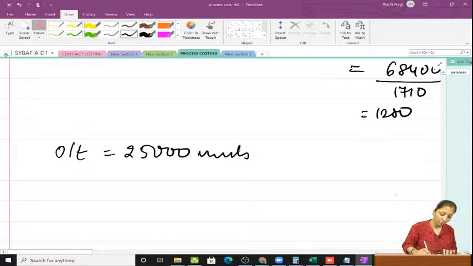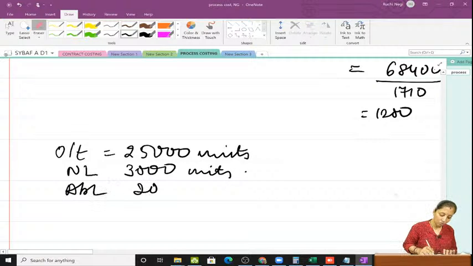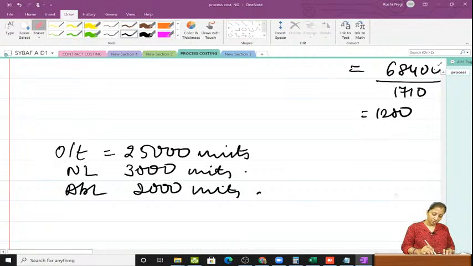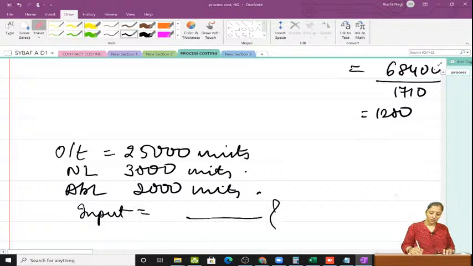Obviously when I use the word output, it means it is in quantity only. Say normal loss is 3000 units. Abnormal loss is 2000 units. Now, opposite of what we did just now, how much will the input be? Some of the information will be missing. Of the remaining, 3 are given, one will obviously be missing, then only you can find it.